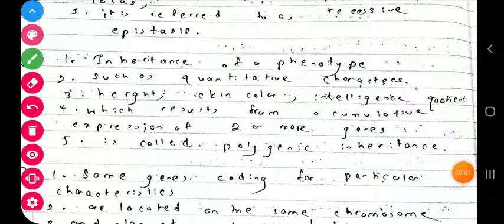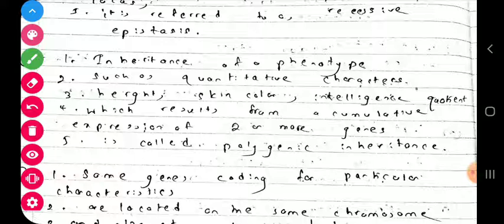So I'll give a little explanation. I feel bad for not explaining a bit more about it. So for example, when you take the skin color in humans, it is determined by many genes. For simplicity, only 3 genes are considered, right?